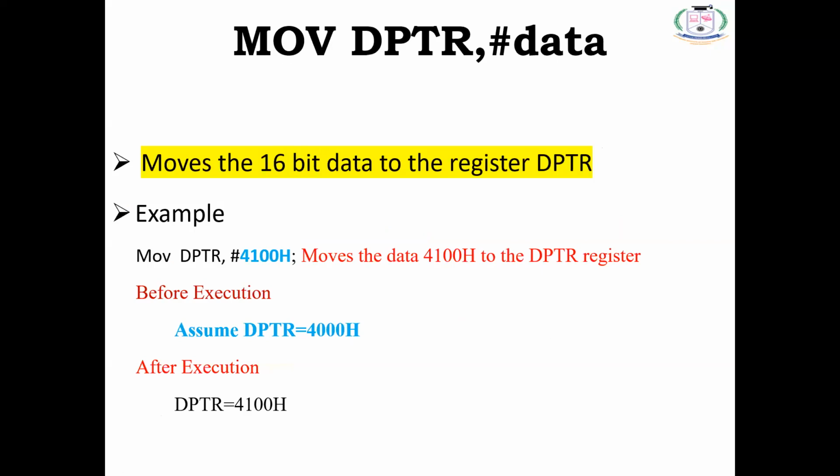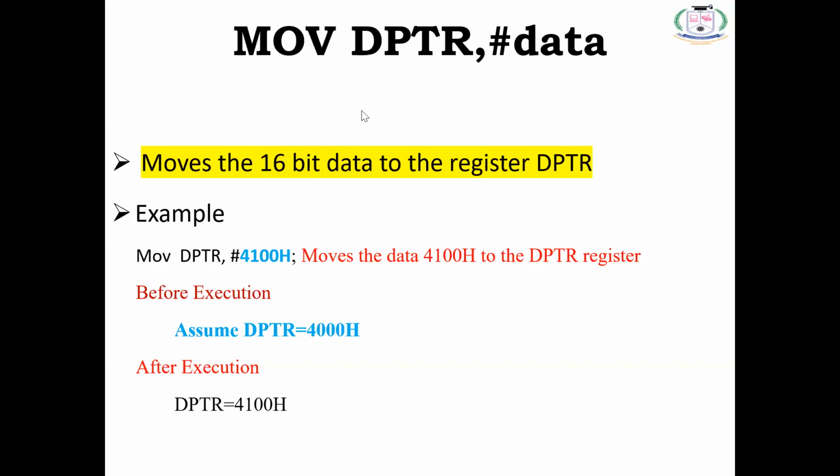How are we identifying it's 16-bit data? Hash always refers to data, but why is it 16-bit data? Ma'am, the hexadecimal. What is the full form of DPTR? Data.